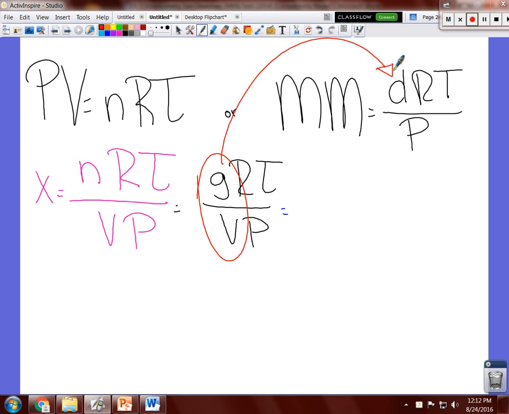Okay? So I could circle it like this. Essentially, with different variables, you can rearrange it to get it into that.